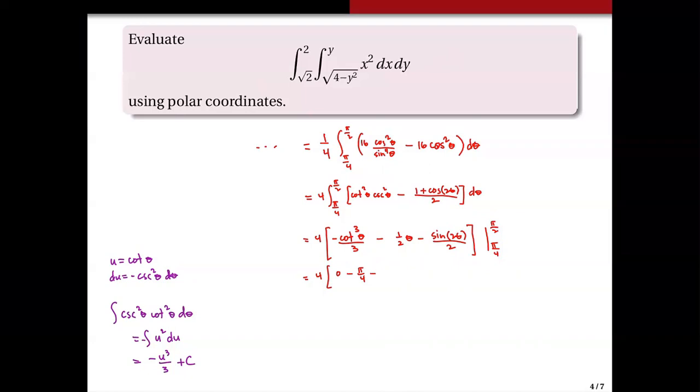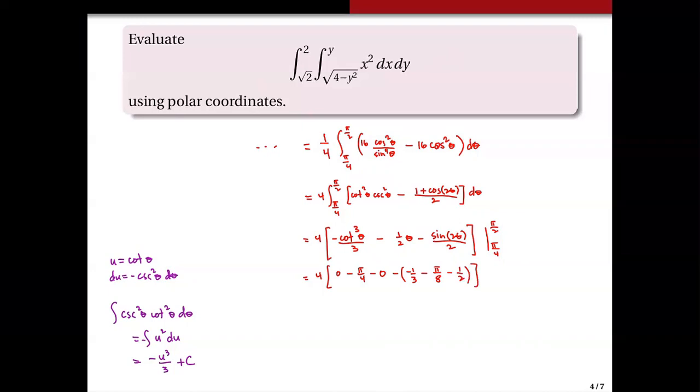So 0 minus quantity, at pi over 4 cotangent pi over 4, that's equal to 1. So we will have minus 1/3, and then minus minus pi over 8, and then minus at pi over 4 sine 2 theta, that becomes sine pi over 2. So that's just 1, so minus 1/2.